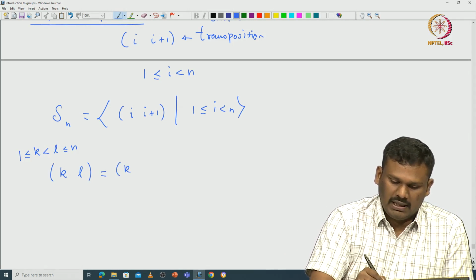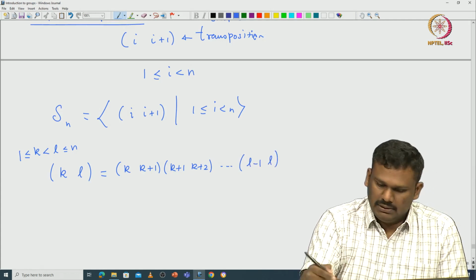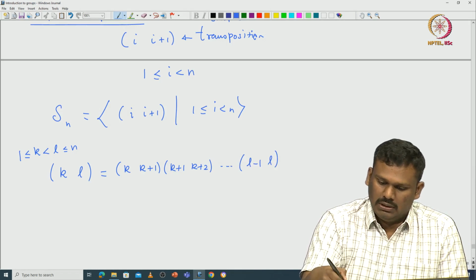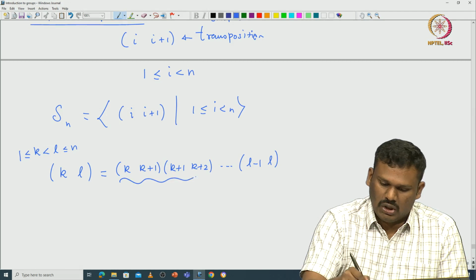You can take (k k+1), then (k+1 k+2), and go all the way up to (l-1 l), and then you need to take the inverse of this, conjugated with that.